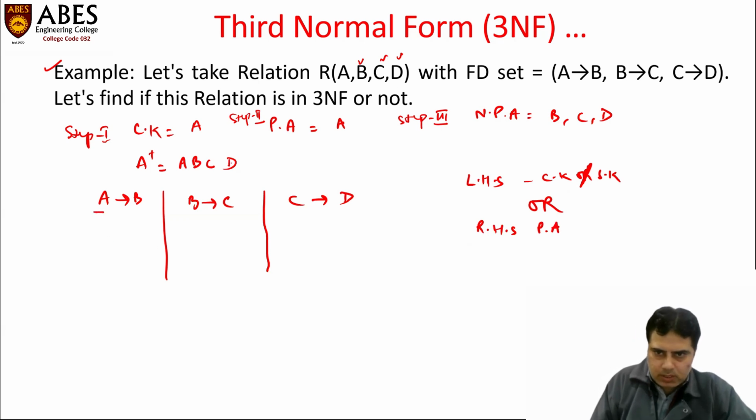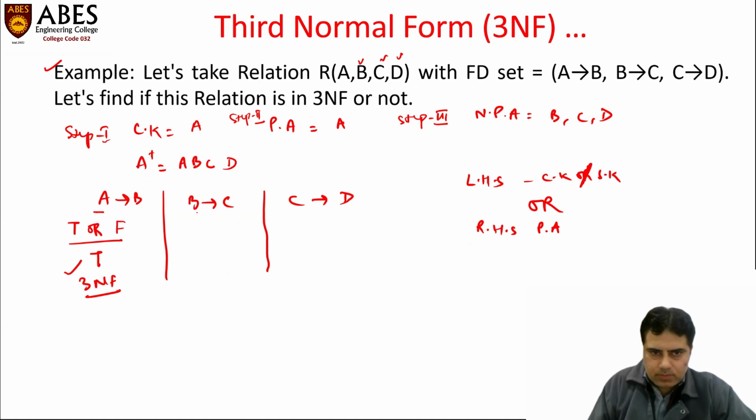For A determines B, A is the candidate key. Yes, true. Or B is a non-prime attribute, this is false. True OR false is true. So we can say that this is in 3NF.